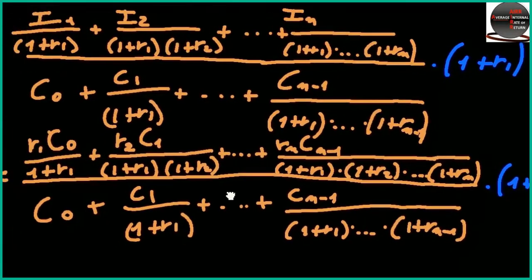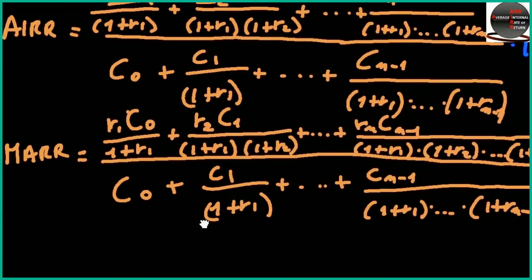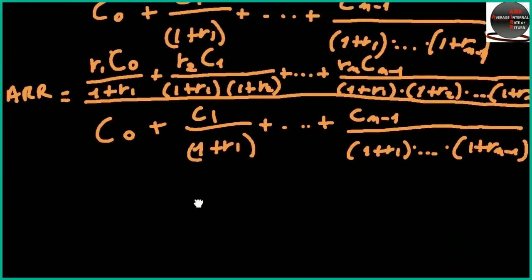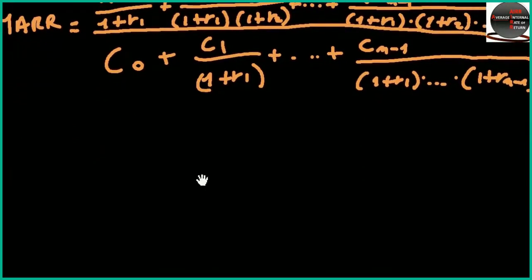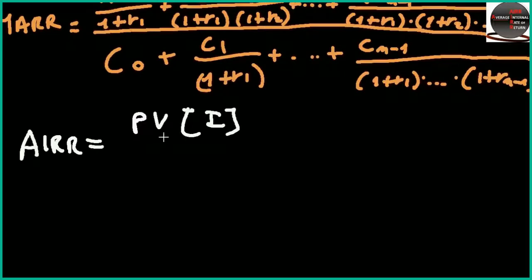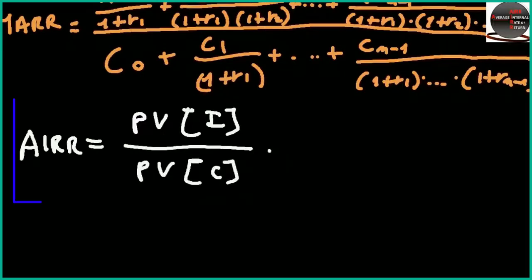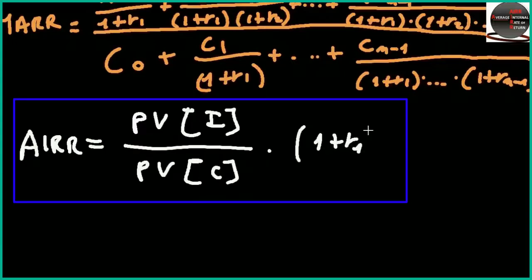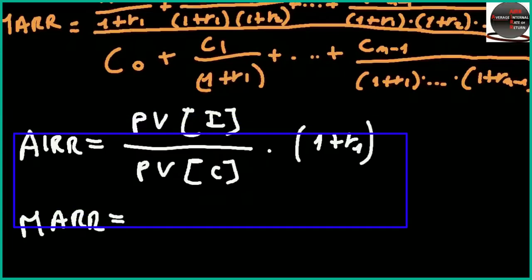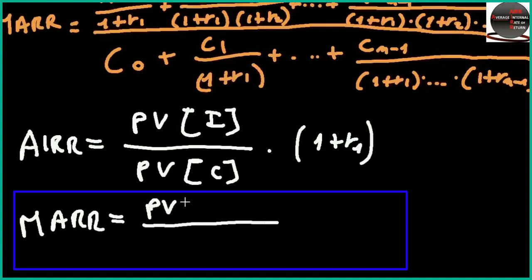We can write all this in a more manageable way. We can write that the project rate of return is equal to present value of incomes divided by present value of capitals times 1 plus the first cost of capital, and the minimum attractive rate of return, the overall cost of capital, is given by the present value of the market return.